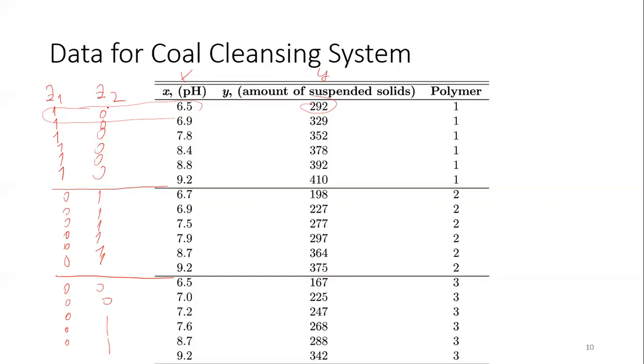Okay, so what we will do is we will just write this into Excel. So this is, let's say, column A, column B, column C, and this is column D, right? And then tell Excel to just make the regression using Y and these X's. These are my independent variables.